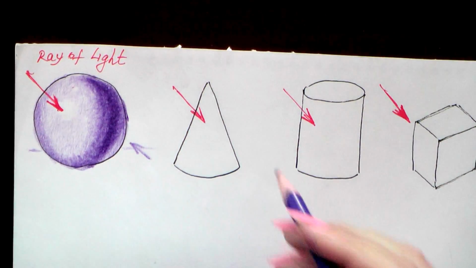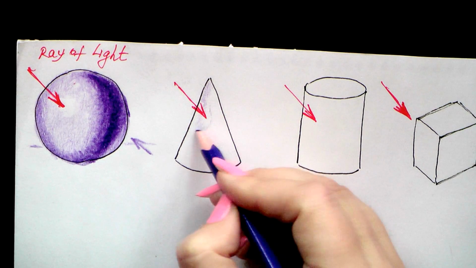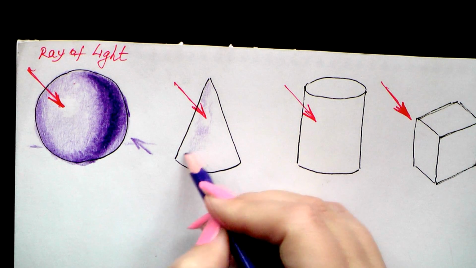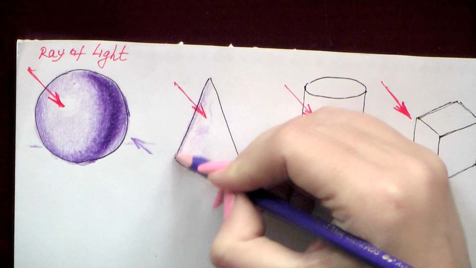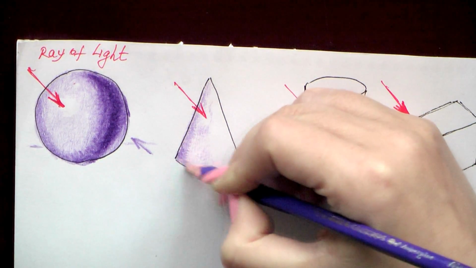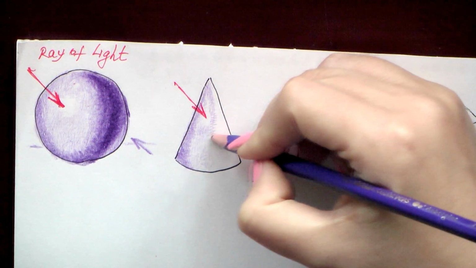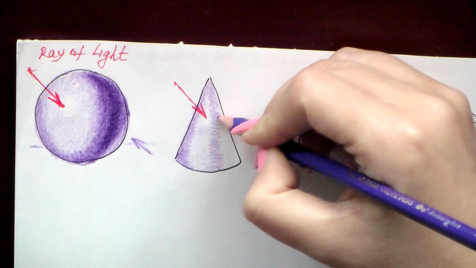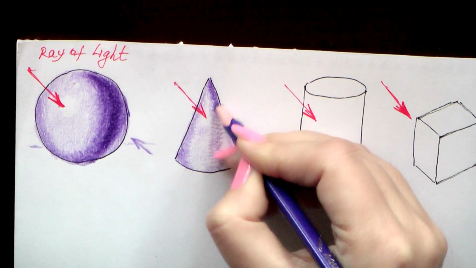So let's start to work on the cone. Again, we have an area of the highlight, the light, mid-tone, and the core shadow.